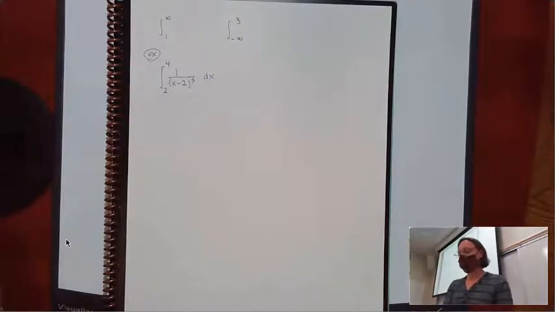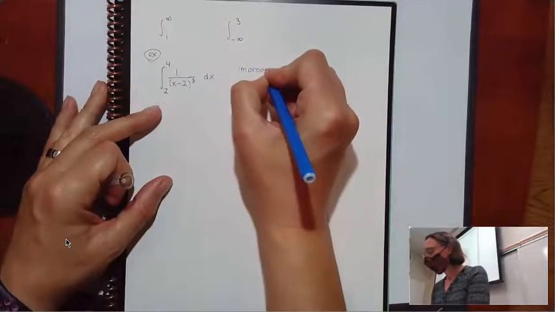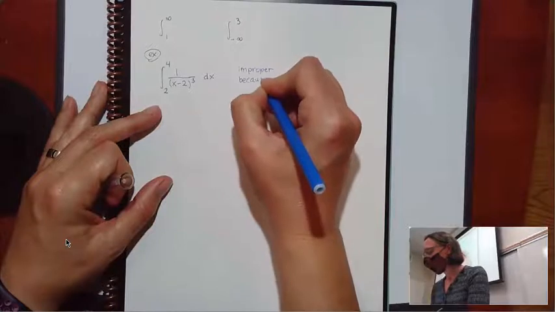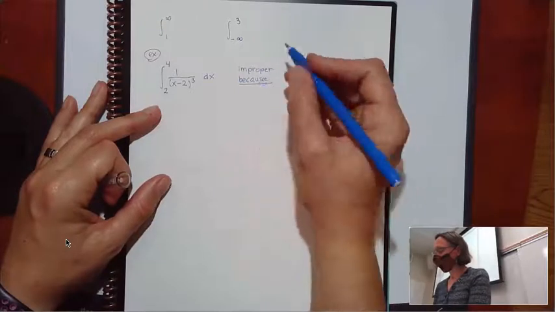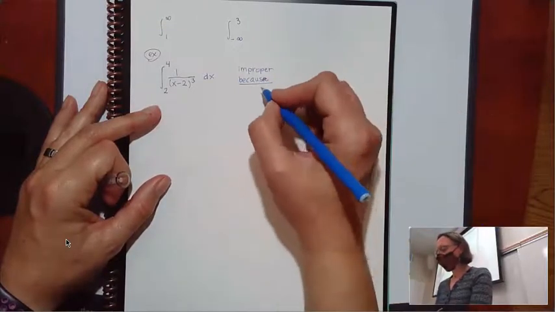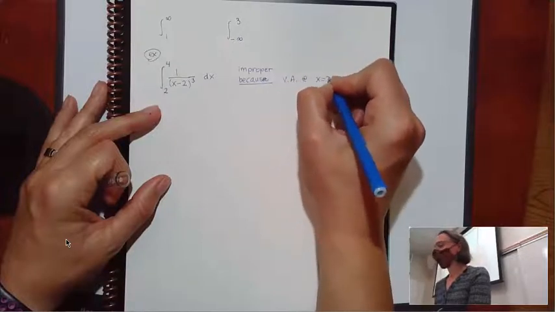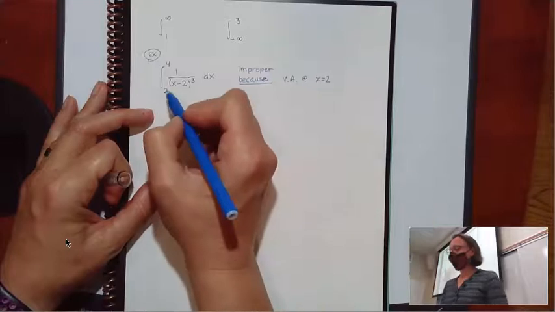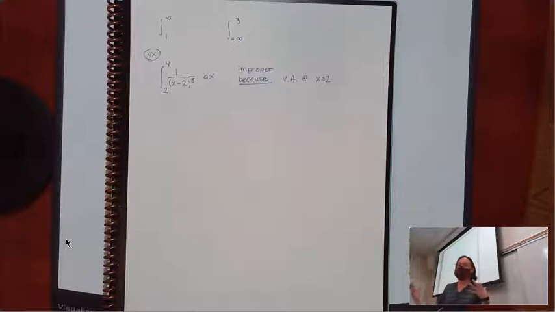This integral is improper because there's a vertical asymptote at x equals 2. So this bound of 2, it is not itself infinity, but it is a place where there's a vertical asymptote. So there's a kind of infinite thing happening there.